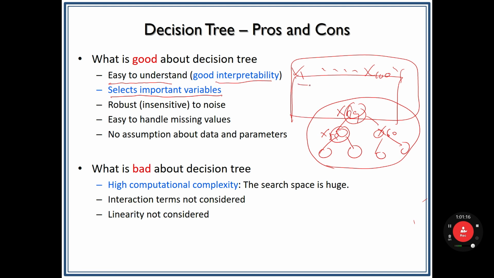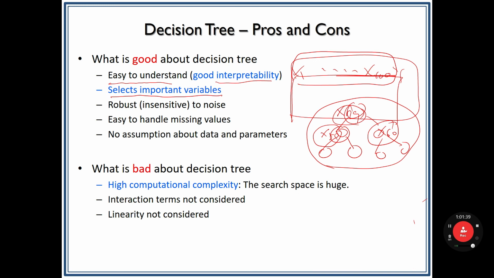Then among those 100 variables, only x79, x50 and x60, only these three variables can be used to classify the objects, and the other remaining 97 variables are unnecessary.